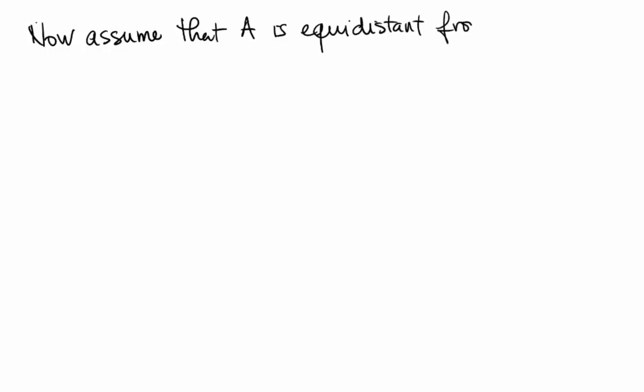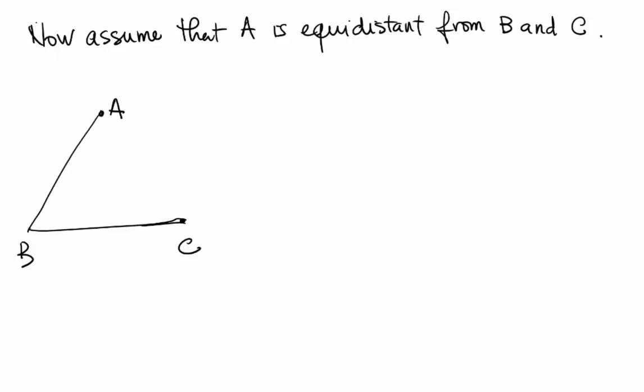Now, assume that A is equidistant from B and C. This is B and this is C, and let's say this is A. So in other words, we're saying here that AB is equal to AC.